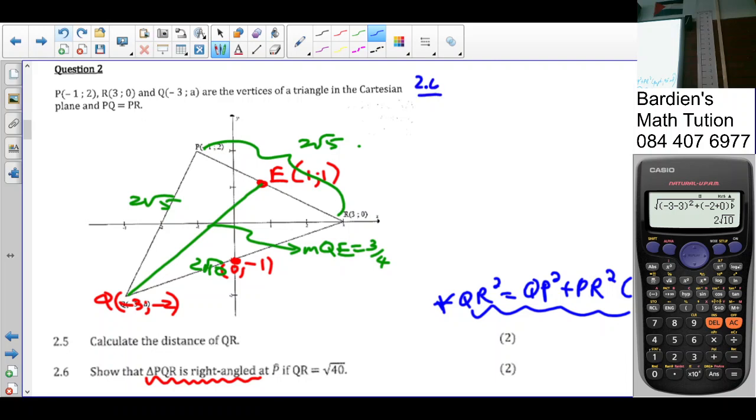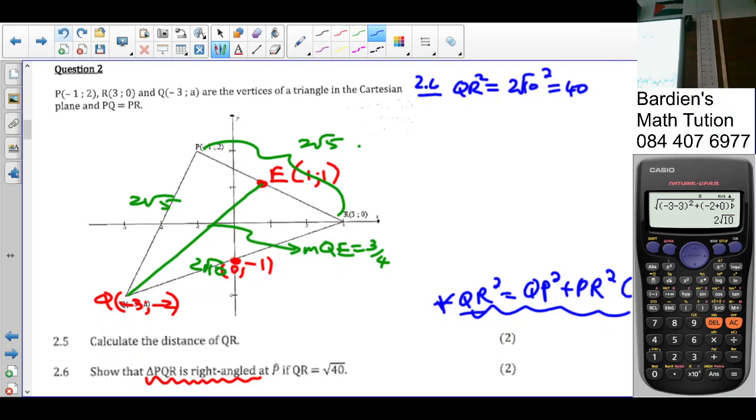So this is the left and right hand side story. On the one side we have QR squared. We know QR is root 40 or 2 root 10, squared, which is 40.